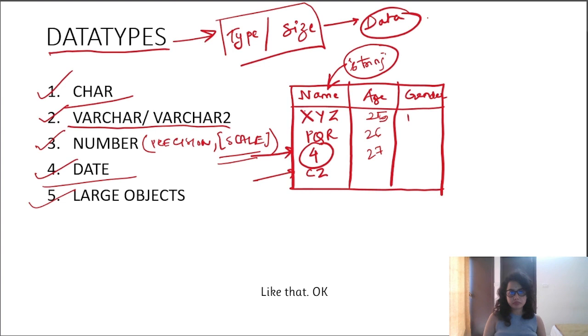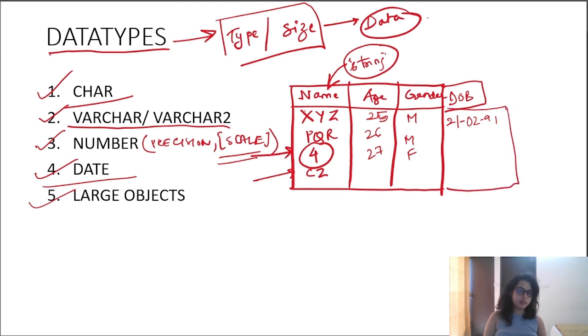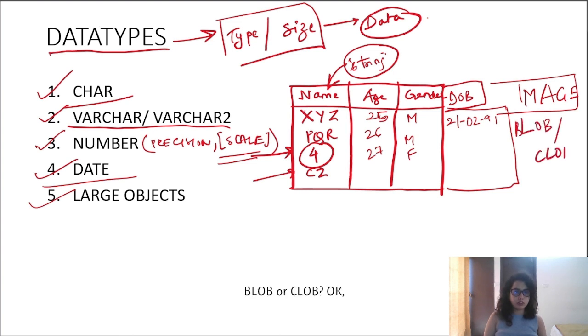And for date, suppose DOB, at that time we'll go for date. And for a large object, suppose we want another column which is image, at that time we'll go for BLOB or CLOB. So these are the five data types we should understand.